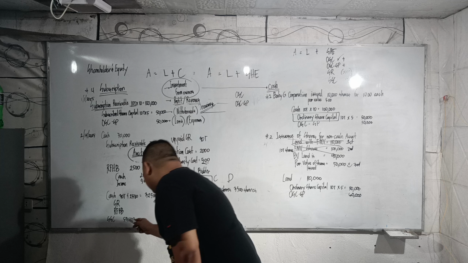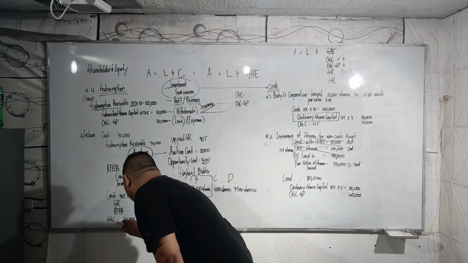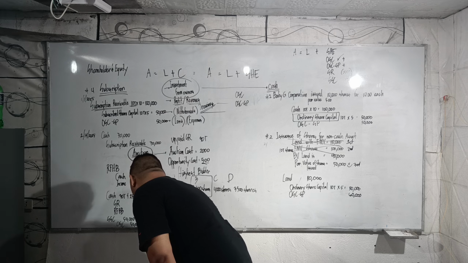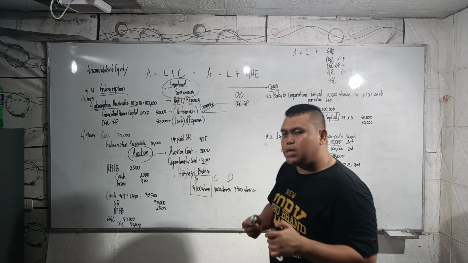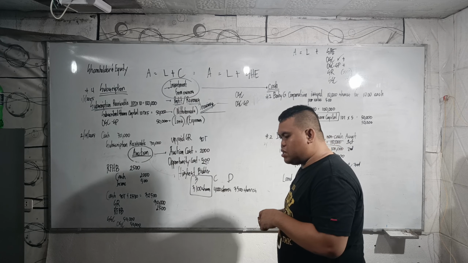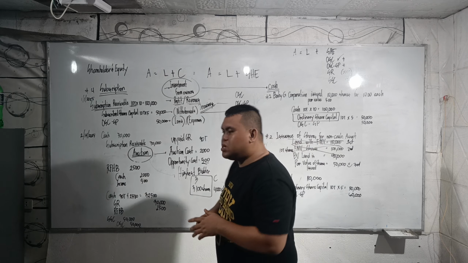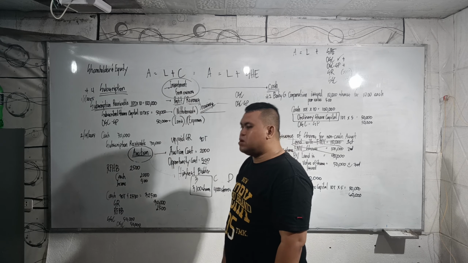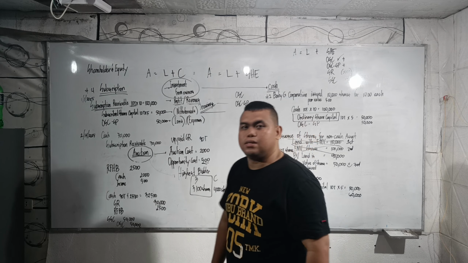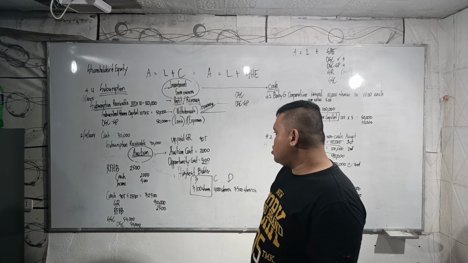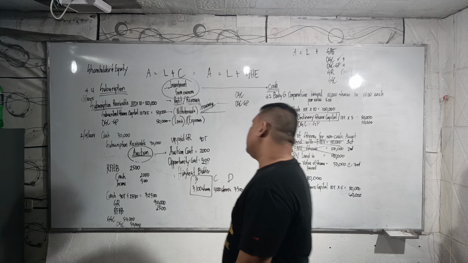So, subscribed share capital 100,000 and then ordinary share capital 100,000. But then again, let me emphasize, when you record ordinary share capital, that means the shares have been fully paid and that you are going to issue share certificates already. Okay? So those are the entries.